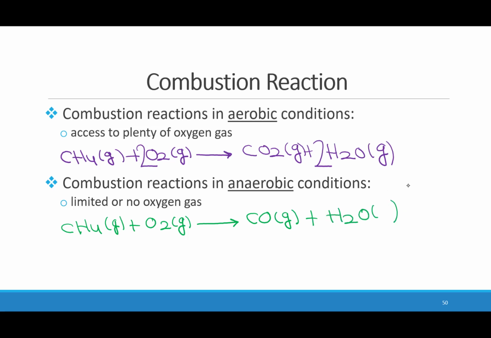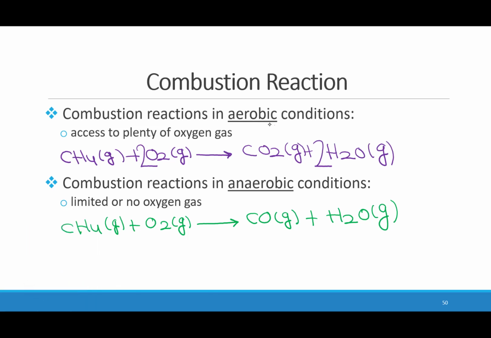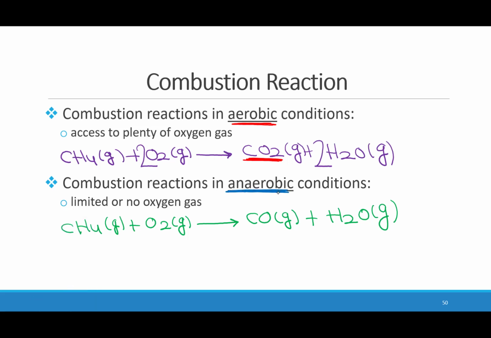Okay, that's the difference between aerobic and anaerobic condition. In aerobic condition, we have carbon dioxide, and in anaerobic condition, we have carbon monoxide.